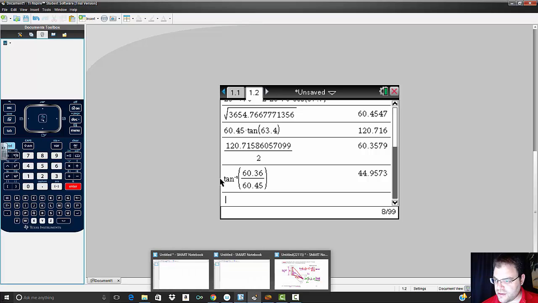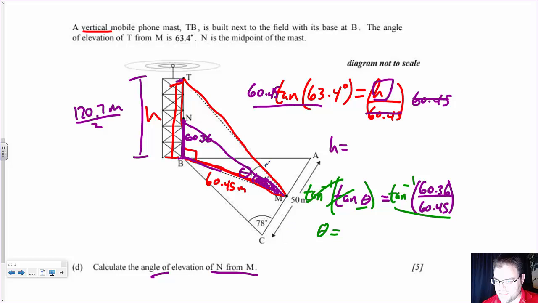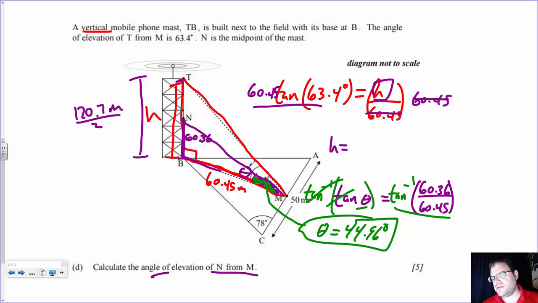It's almost 45 degrees. We'll say 44.96 degrees. All right, that's the answer right here for this, okay? So that's that angle of elevation, and that's your final answer for this, and then you're done with the whole thing.